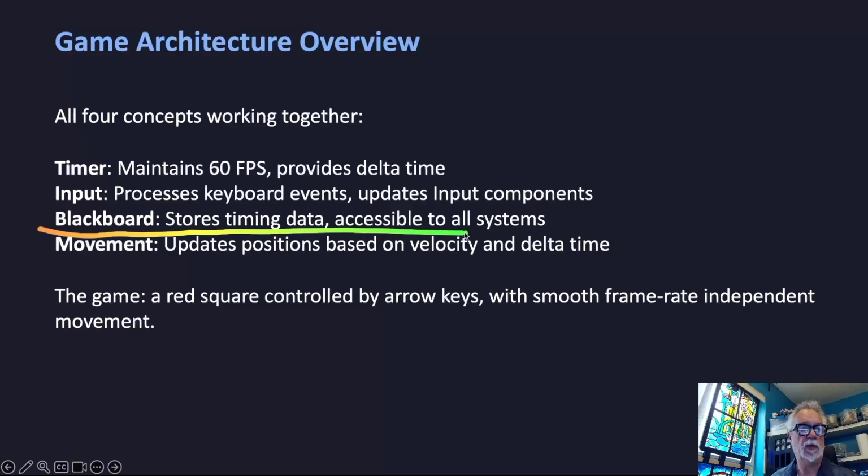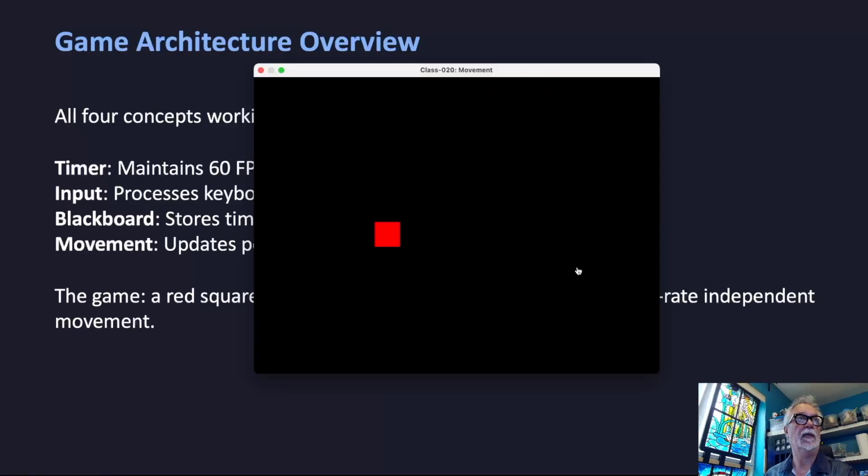This is going to allow us to store data that's available to the entire game. And then we talked about a system that's going to allow movement. So let's have a look and see what this is going to look like. We are going to introduce you to a game where we can run around and we can make things happen like this, right?